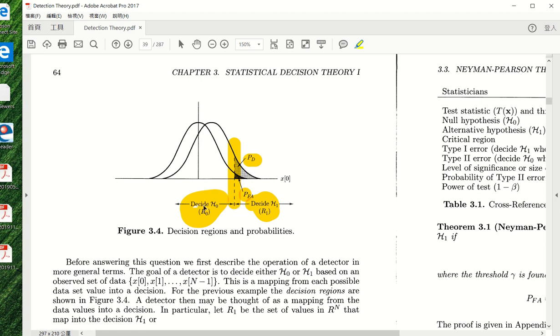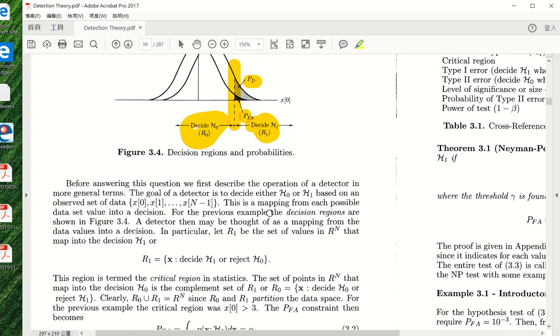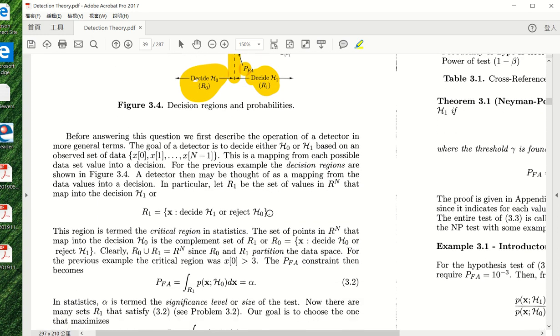Then this is decide on H0, decide on H1. Okay, so we will say that these are decision regions. So let's say R1. It's just a notation here. R1 is a notation, nothing serious.